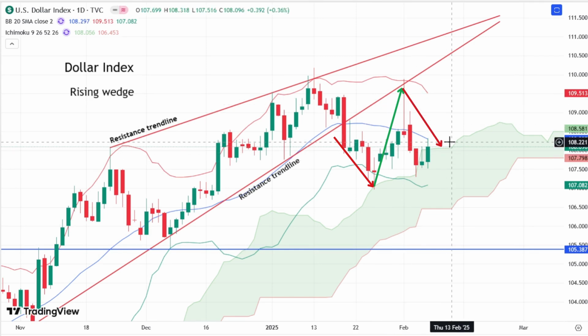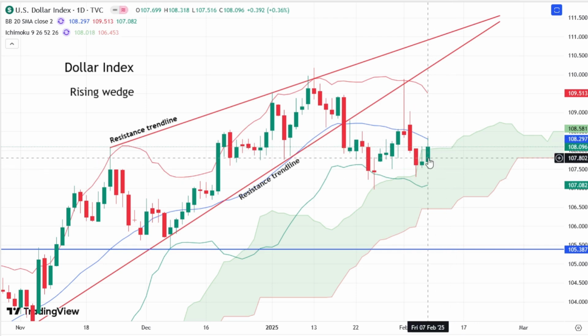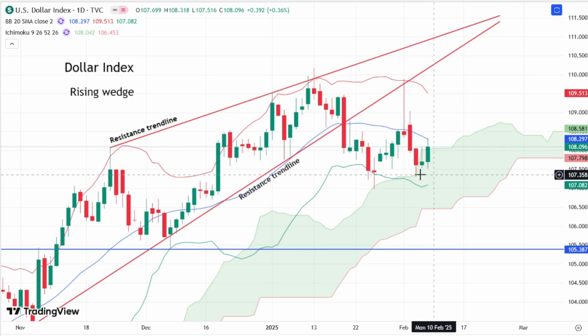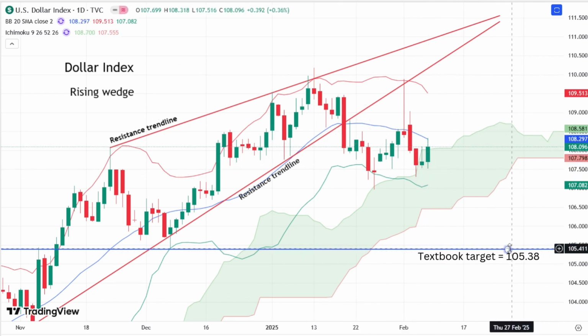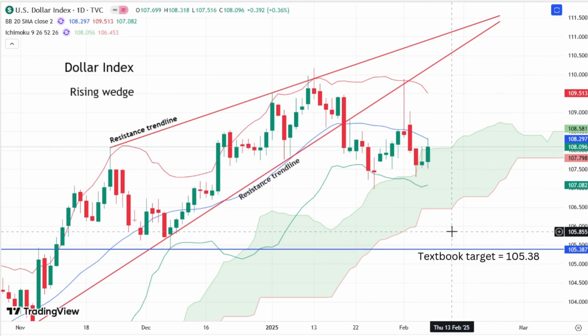I believe the DXY is in the bearish resumption phase, and the latest price action over here looks a bit like a rejection at the 20-day simple moving average. So I believe the bias for DXY is tilted towards the downside. Textbook target of this bearish pattern is at 105.38, roughly another 2% down from here.